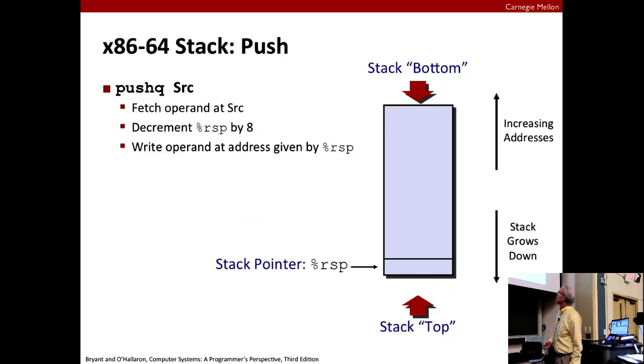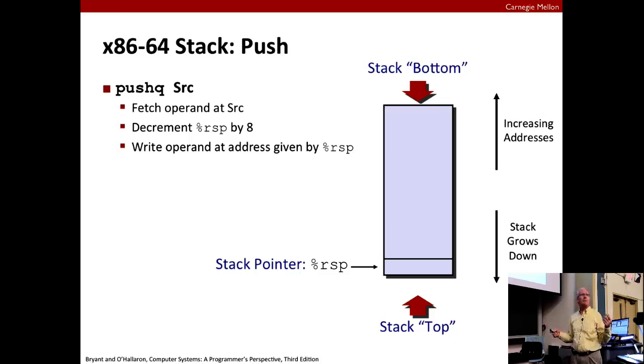So in particular, there are explicit instructions, push and pop, that make use of the stack. It's often written pushq and popq, but that q is actually an optional suffix on the instruction. So the idea of pushing something onto the stack is that there's some source operand.